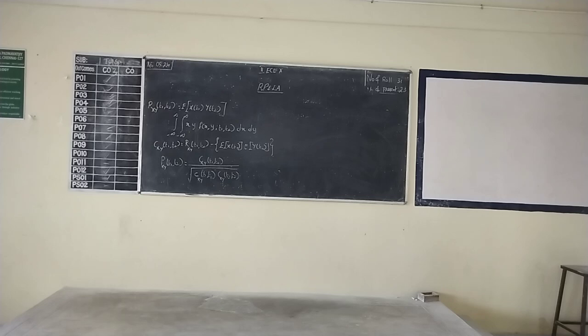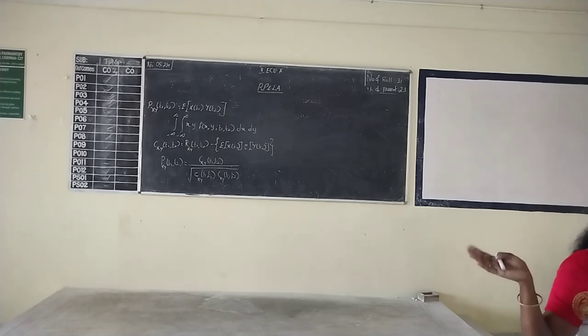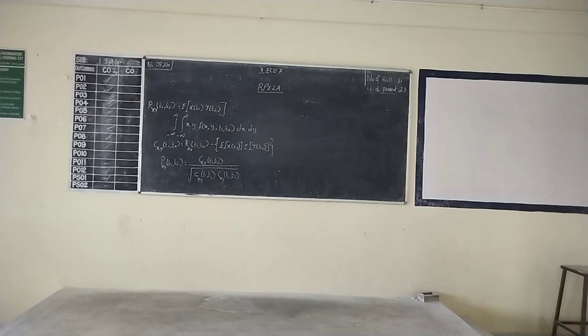Checking all n orders is possible but it will be a lengthy process. So for problem solving at our level, it is enough to check only up to the second order, that is only up to t1 and t2. No need to go for other time variables.